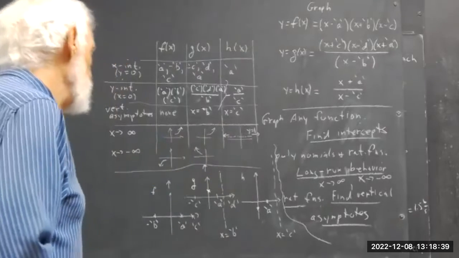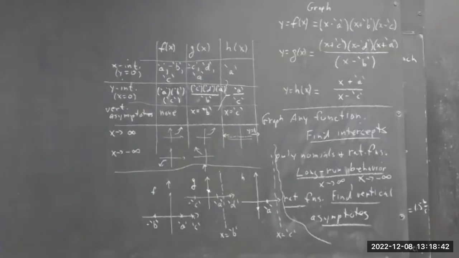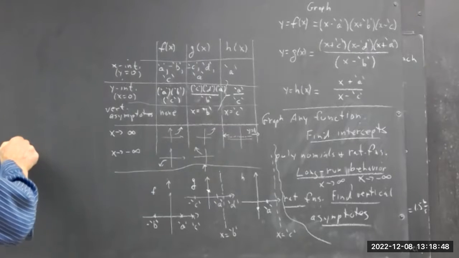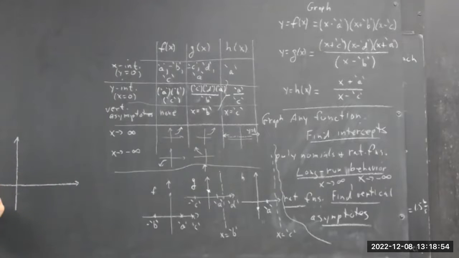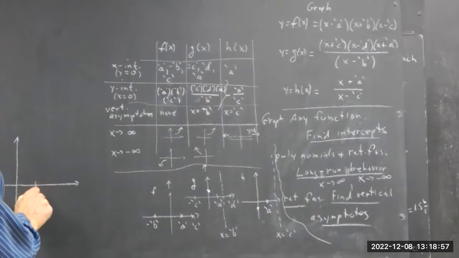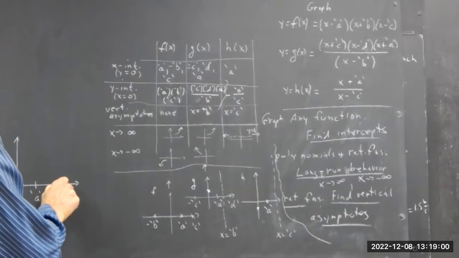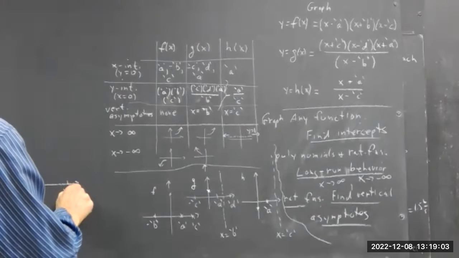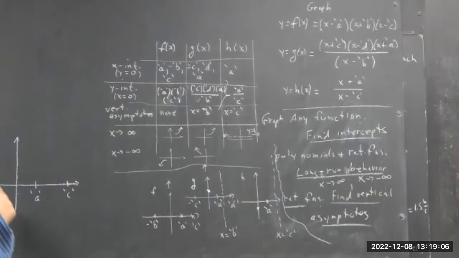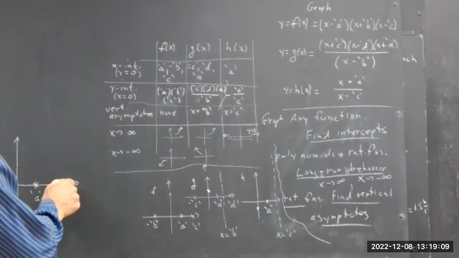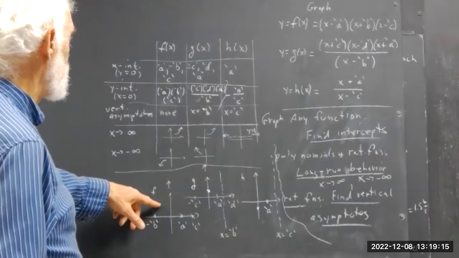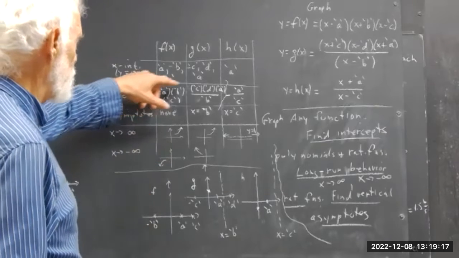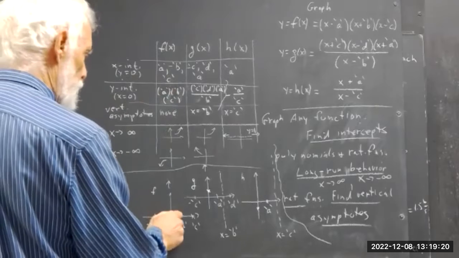So what are these graphs ultimately going to look like? A little bigger picture of this. You also have your y-intercept, which is A times B times C. I thought that I'd drawn that, but I didn't.